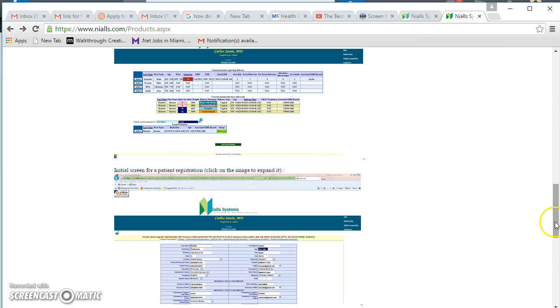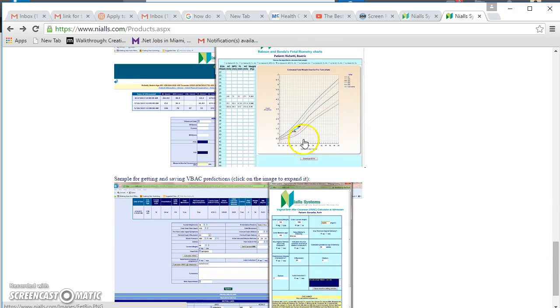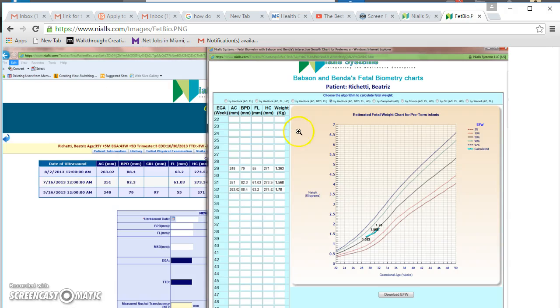We also have an example of the chart that is used for fetal biometry, to see if the baby is growing normally using the Hadlock calculations. This is a chart that is not included in standard EHRs.